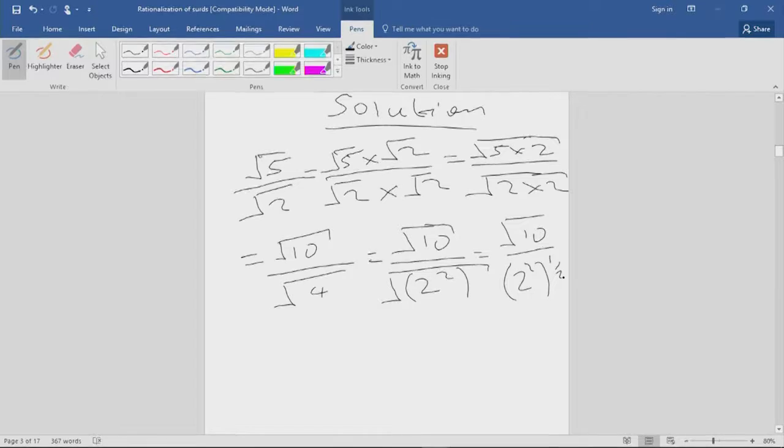The 2 cancels our 2, so we are left with the square root of 10 upon 2. Okay, so this gives us our final answer. So henceforth you have rationalized the surds there. So it is as easy as that.